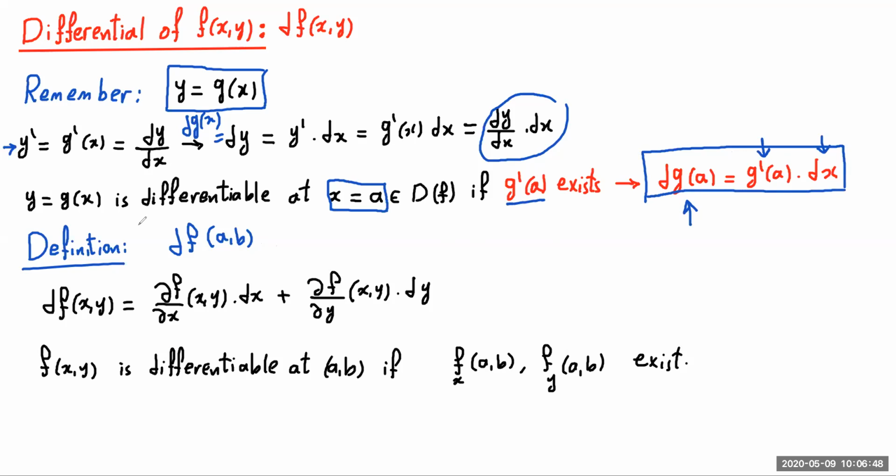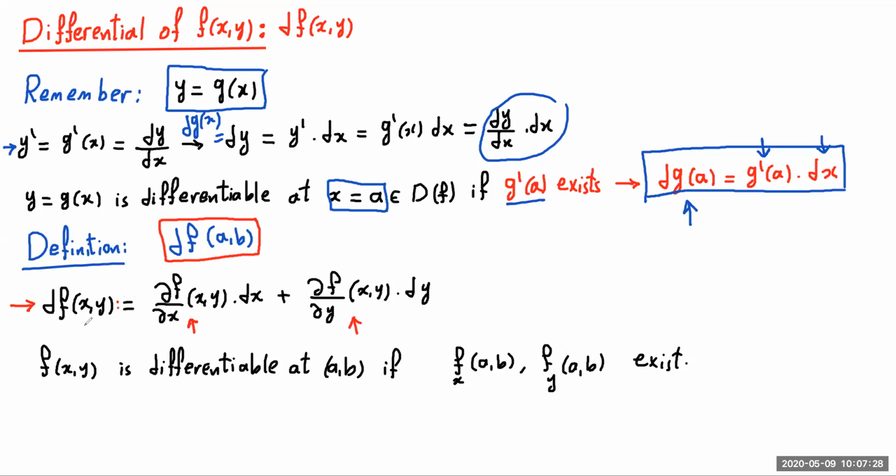So the definition of the differential of a function in 2 variables will be similar to the previous. It will be defined like this. The differential of the function f(x,y) is, by definition, the partial derivative of the function f with respect to x times dx, plus the partial derivative of f with respect to y times dy.